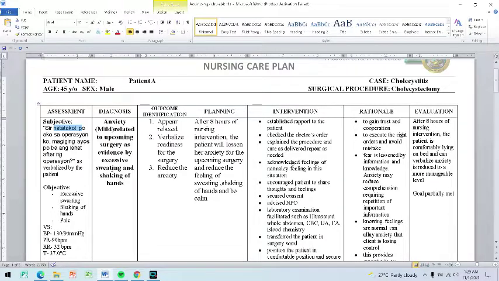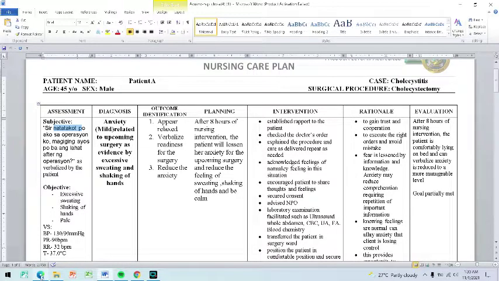So, based on the description, you have the right diagnosis for the patient, but the supporting characteristic for the anxiety is not appropriate for the situation. So let's look at the defining characteristics of anxiety. The defining characteristics would support the objective data as the basis for whether the patient really experienced anxiety.